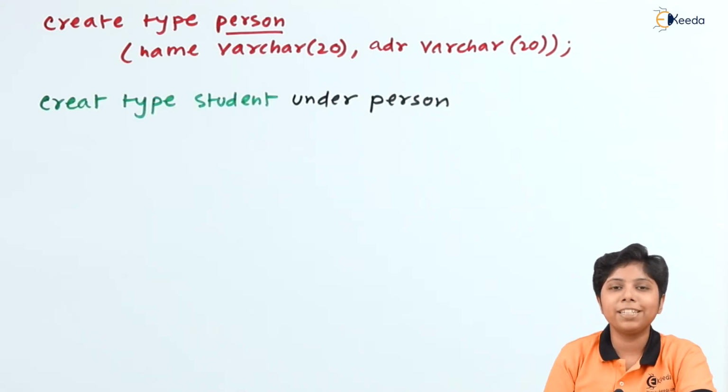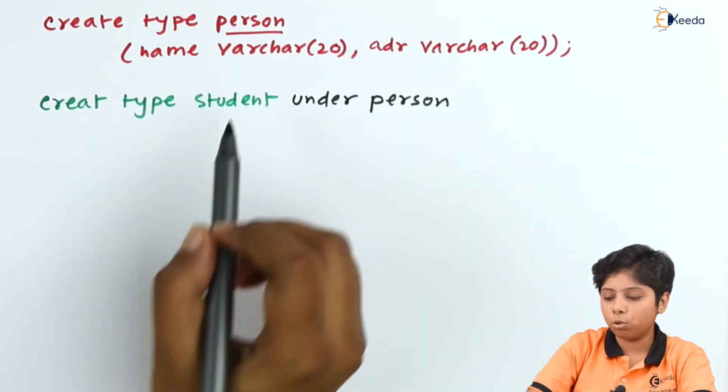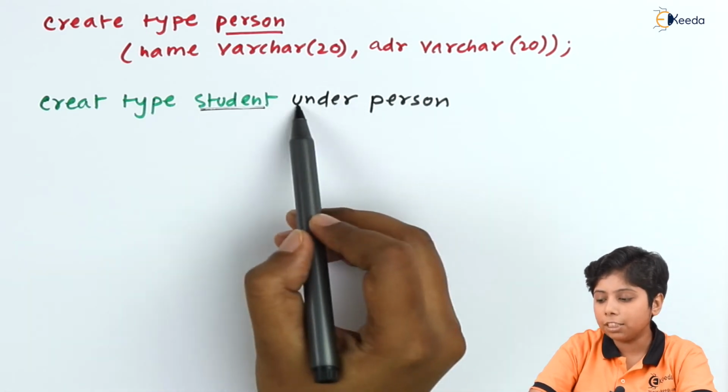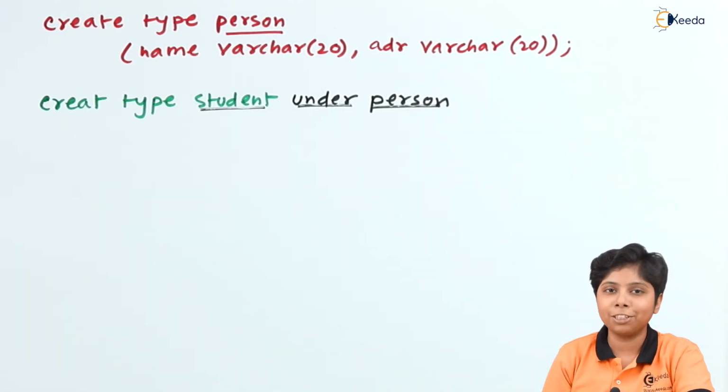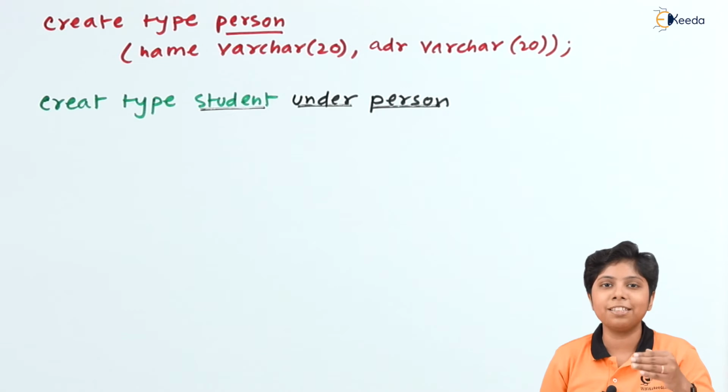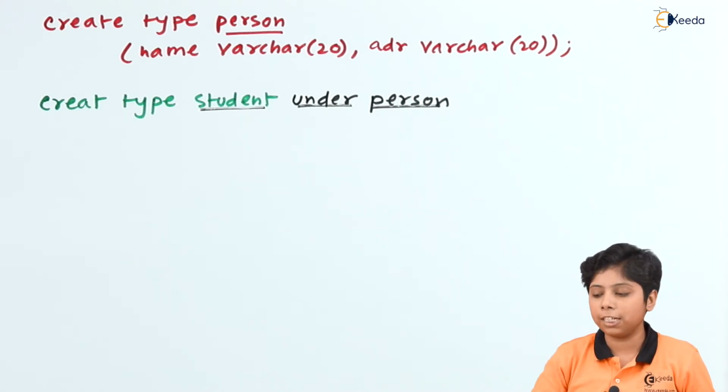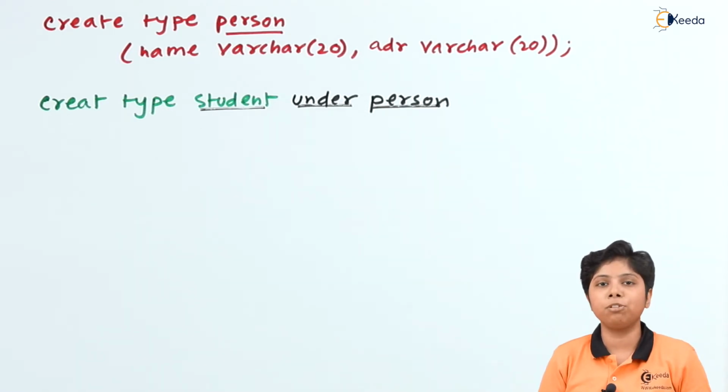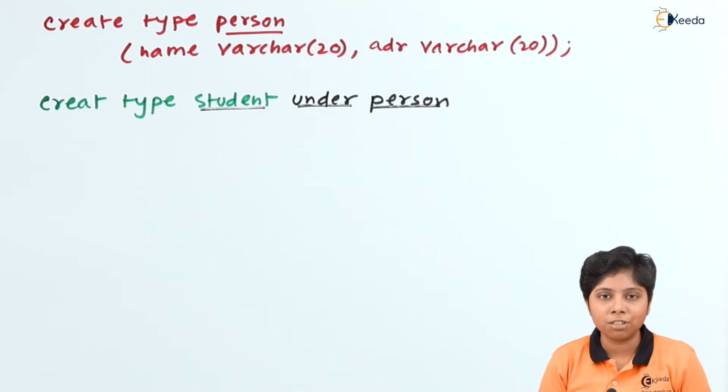Now when I am creating the type student, I am using create type student under person. What do you mean by under person? That means the person is a part of the student. That means the student is under person's inheritance. That means the person's attributes and methods will be inherited into the student.